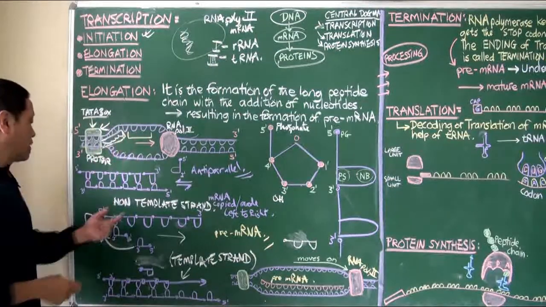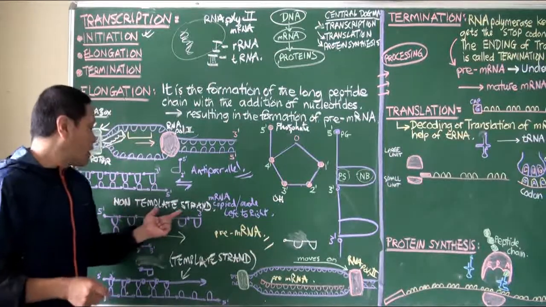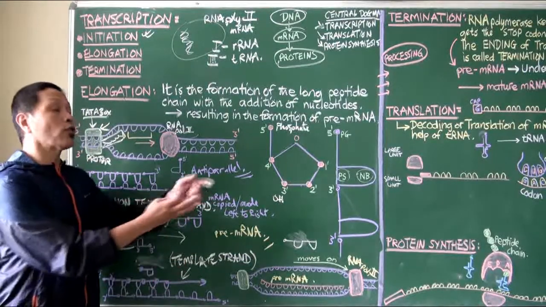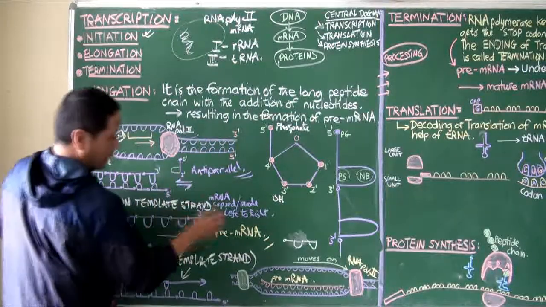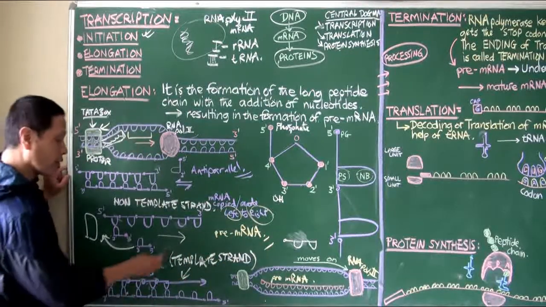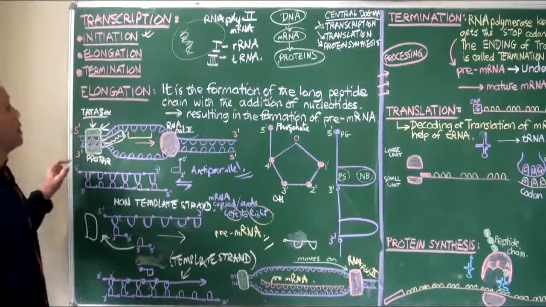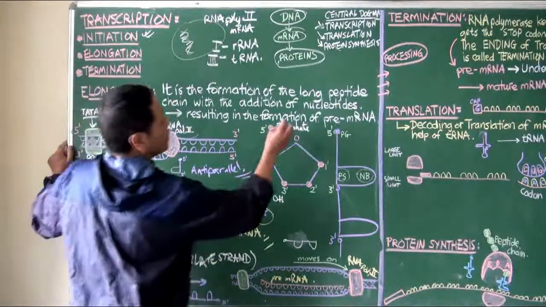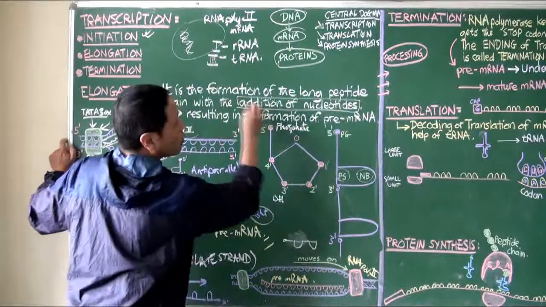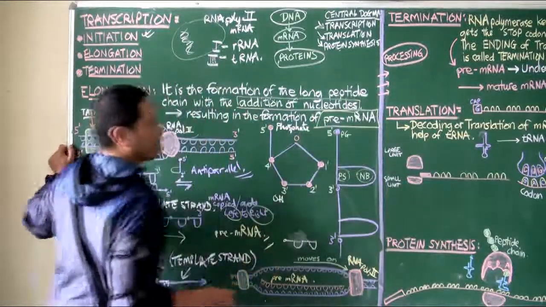That strand is called the non-template strand, whereas the one that can be copied easily as it opens towards one side from left to right is called the template strand. So the elongation process is the addition of nucleotides to form pre-mRNA. Right?